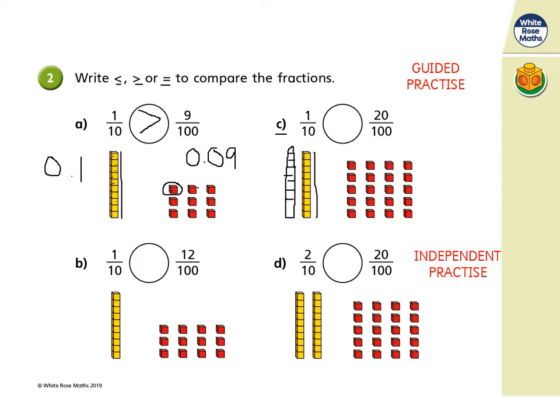So I know that actually 20/100 is also equal to 2/10. So can you think about which one is more than, or are they equal? Yes, you're correct. 20/100 is larger. So 1/10 is less than 20/100. Can you then have a go at B and D using the visual representations to help you?